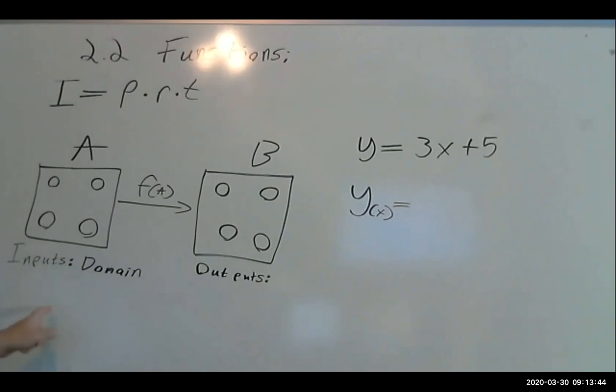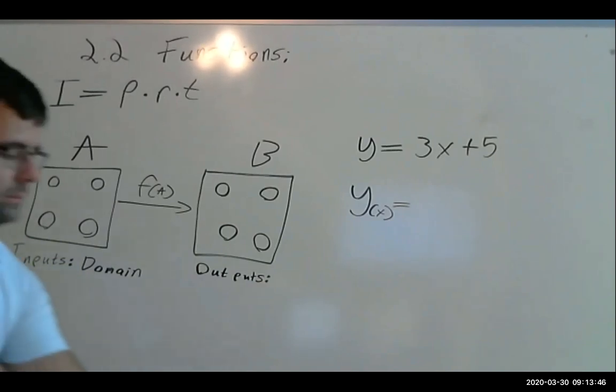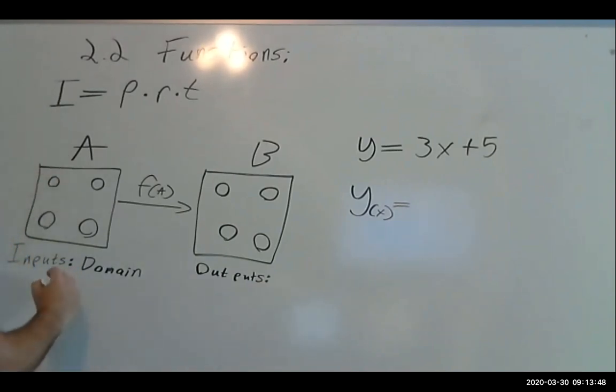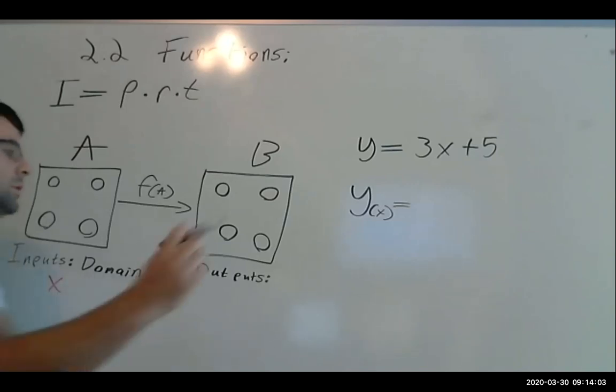So if the inputs are the domain of the function, what are the outputs called? Range. What? Range. Range, exactly right.